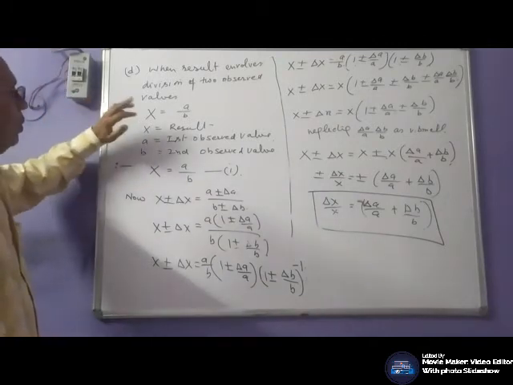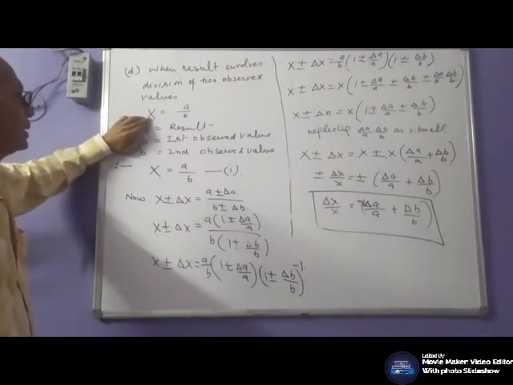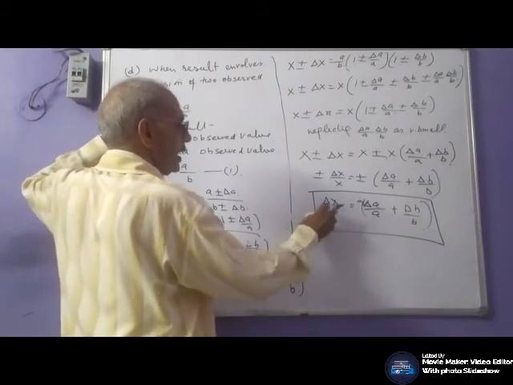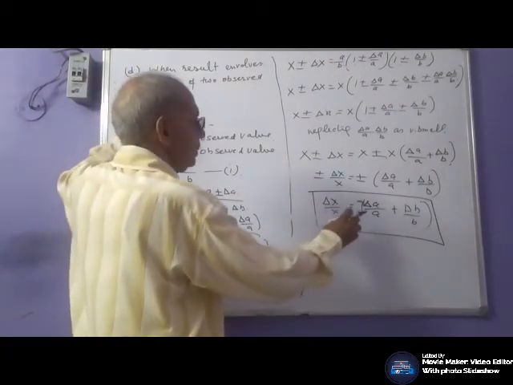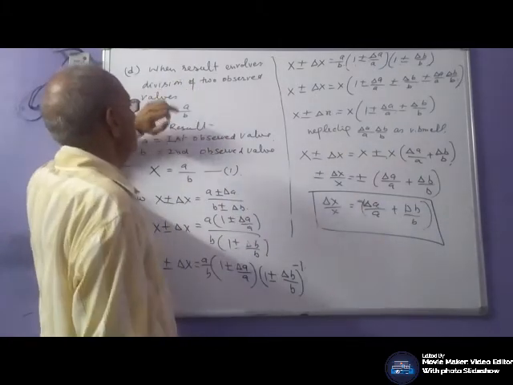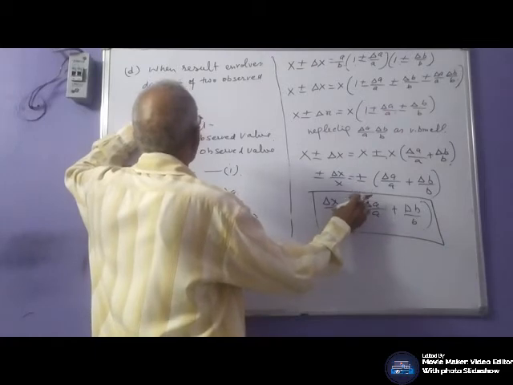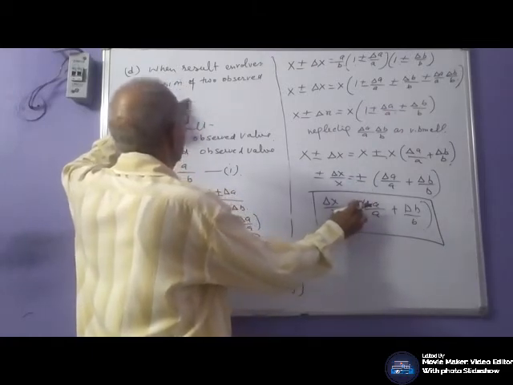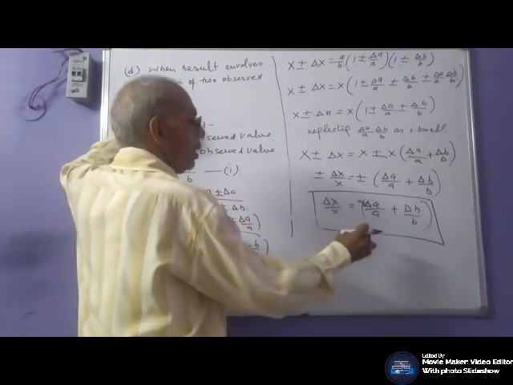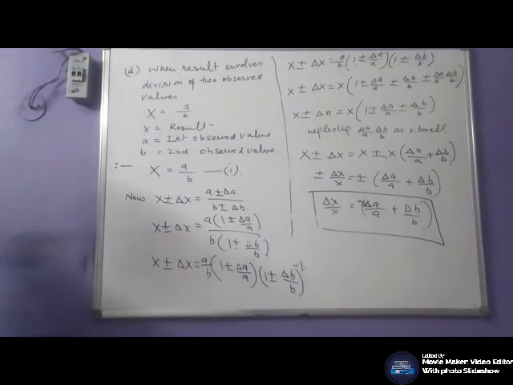So, what is the result? Delta x by x is delta a by a plus delta b by b. Means take power to this side. 1, power 1, a is 1, take the power here, delta a by a. Power side delta b by b.